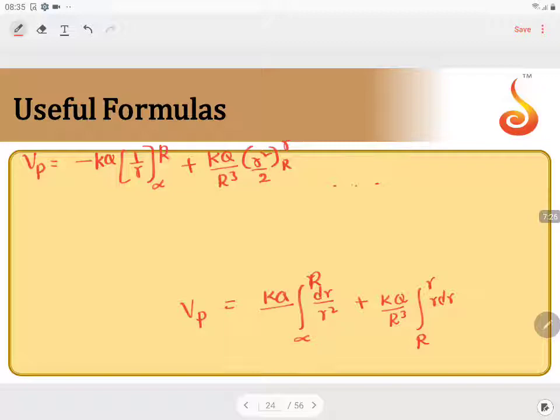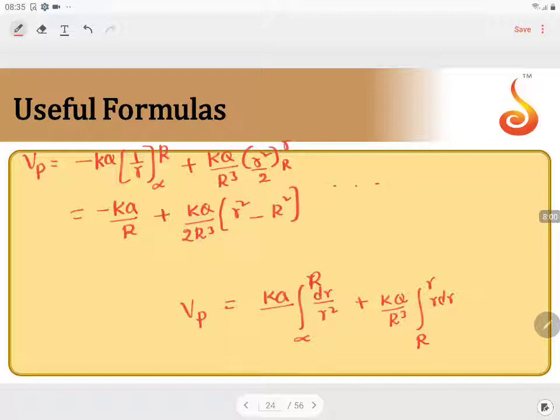Now if we substitute the limits, we get 1 by R minus 1 by infinity, so minus kq by R remains, because 1 by infinity becomes 0. Plus kq divided by 2R cube into r square minus R square.